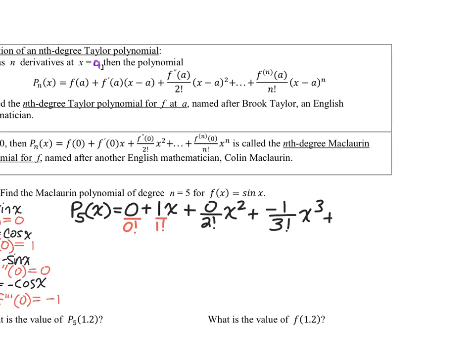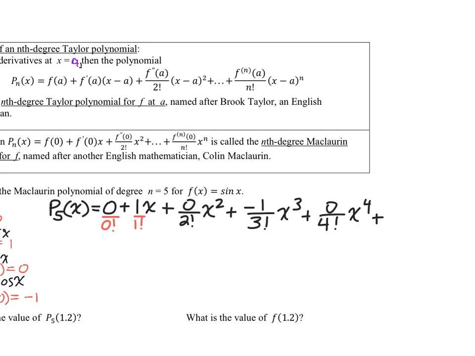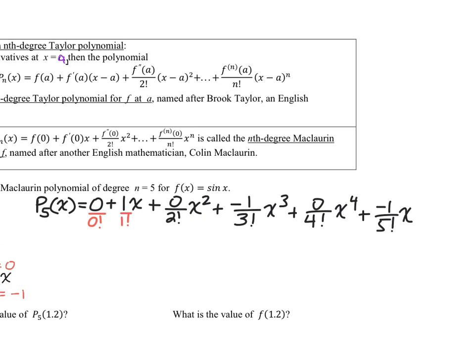So plus 0 over 4 factorial x to the 4th plus negative 1 over 5 factorial x to the 5th. Anything that has a 0 coefficient is going to cancel away. And I don't mean the 0 factorial, I mean the 0 on the top.